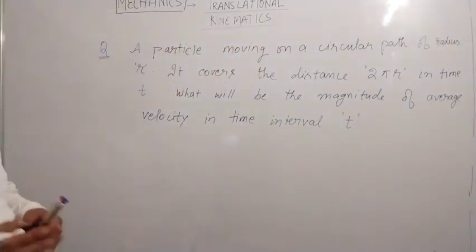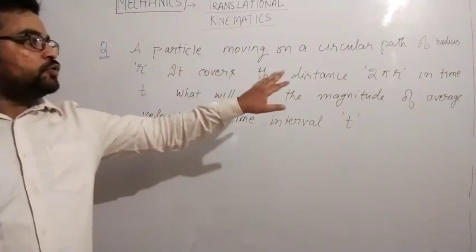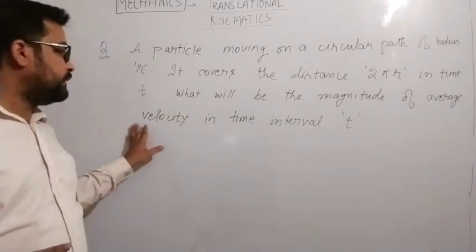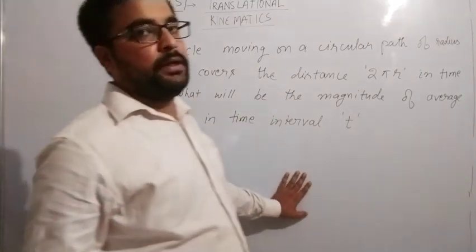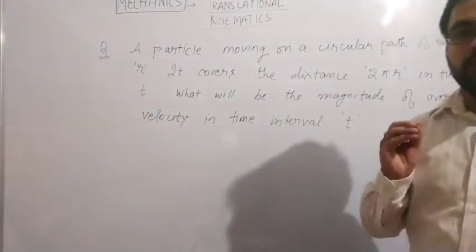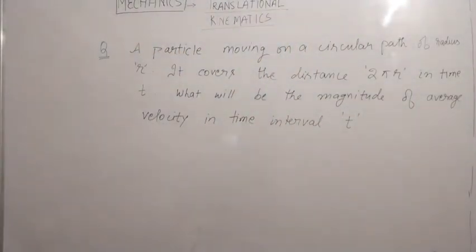So a particle moving in a circular path of radius r covers the distance 2 pi r in time t. What will be the magnitude of average velocity in time interval t? You can think for 20 to 30 seconds and calculate the answer.